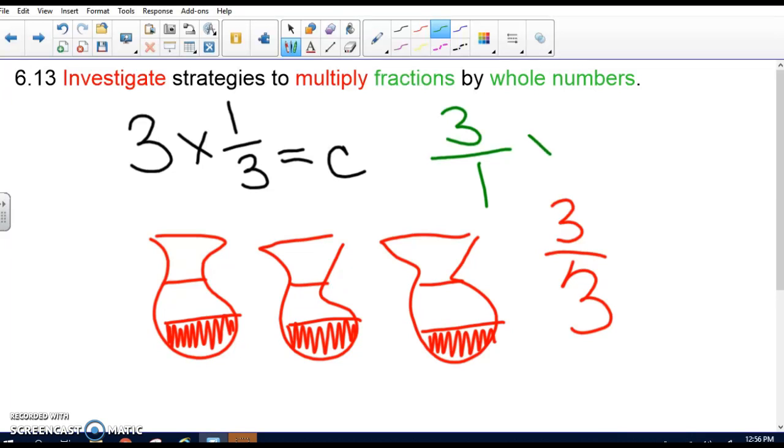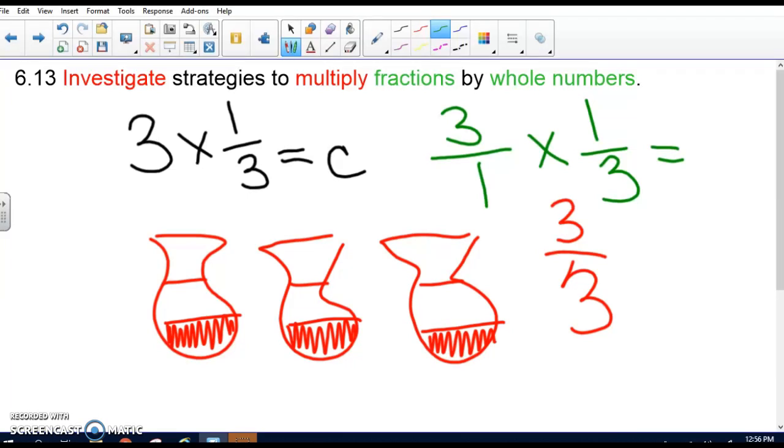Okay? So what if I was to multiply 3 wholes by 1/3? You guys, before, when I said you do not change the denominators when you're doing addition, right? Thumbs up with that. When you are multiplying, you multiply the denominators.